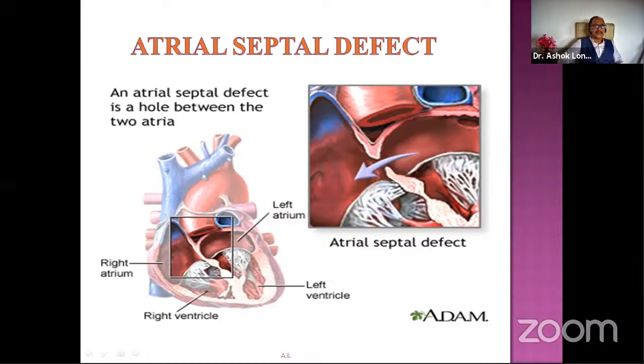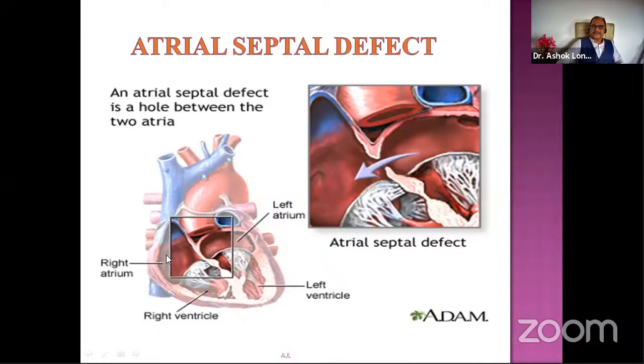The blood which comes to the embryo, or fetus, is itself oxygenated, and the lungs are non-functioning. So naturally, the blood which comes to the right atrium doesn't need to pass into the right ventricle, so the atrioventricular valve is of no use.